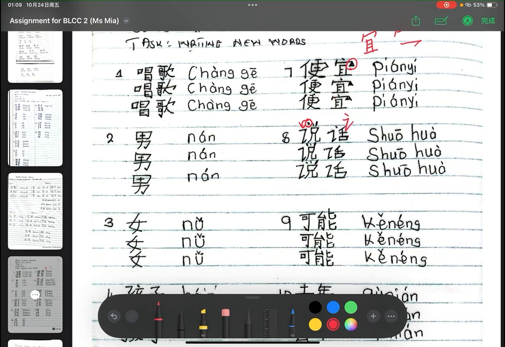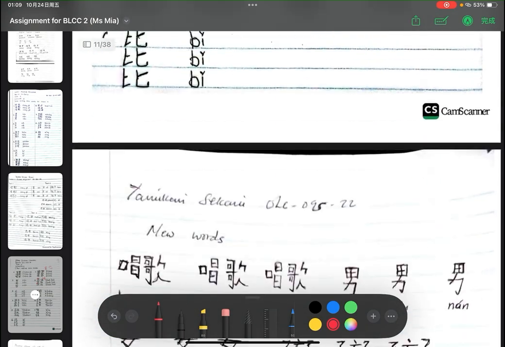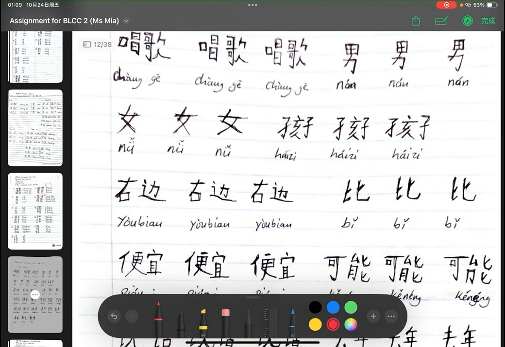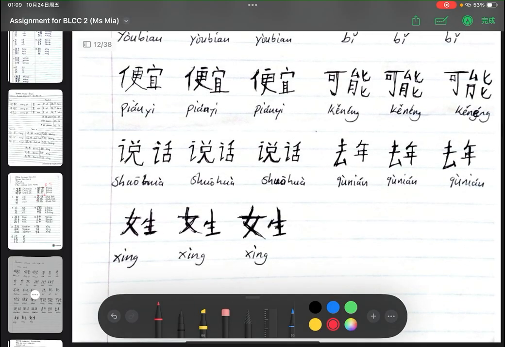So they are the one. They are to be together, and these two together. It's right like this. Okay. So this dot belongs here. Okay. It's good.